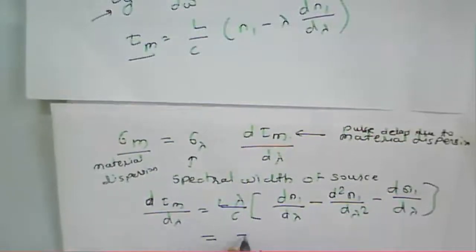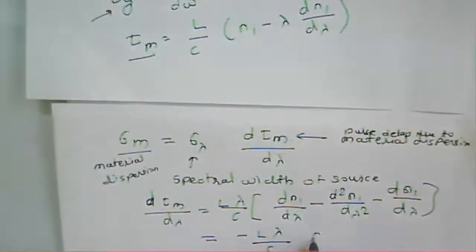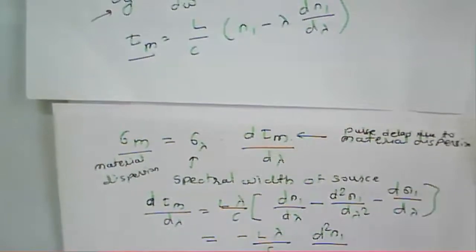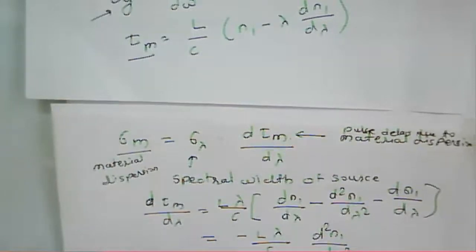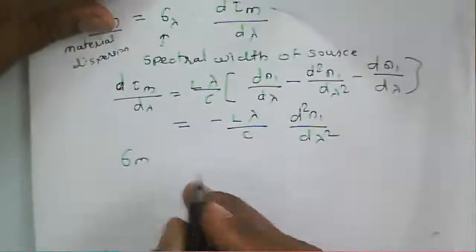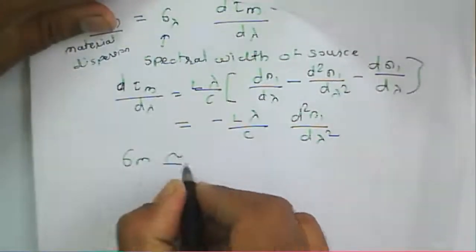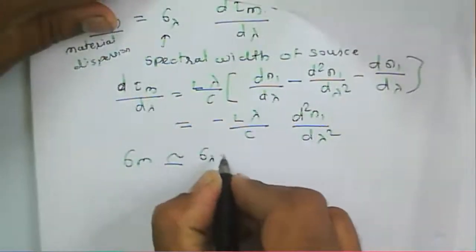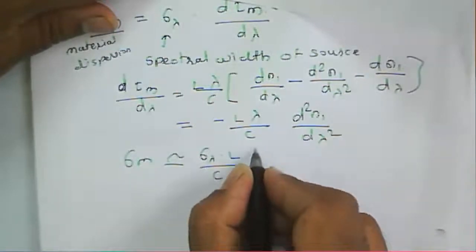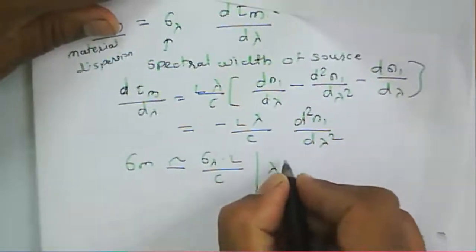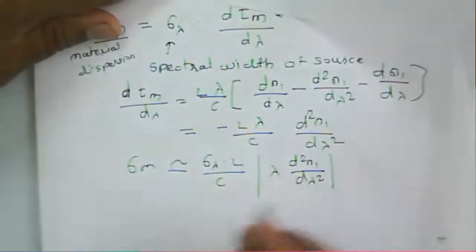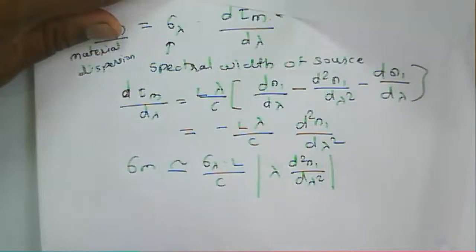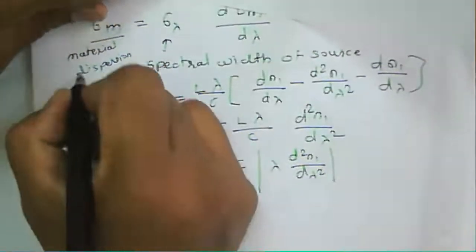After solving this, we get L into lambda by C d square n1 by d lambda square. So approximately, the material dispersion is equal to sigma lambda into L divided by C, and this is the important modal factor, the modulus of d square n1 by d lambda square.